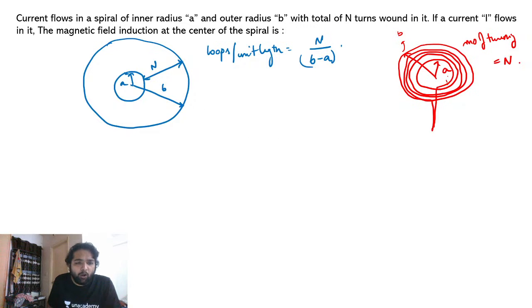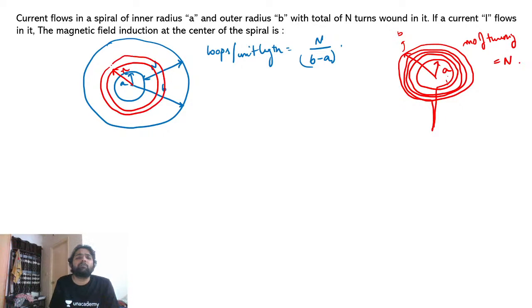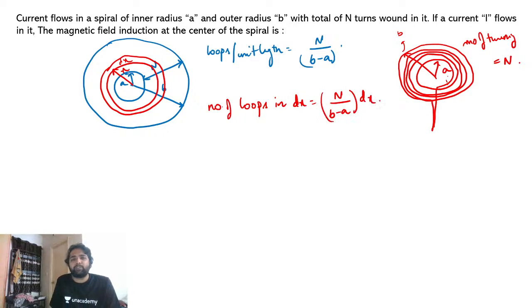Getting it? So now if I take a small dx element loop at a distance x, the number of loops in dx length will be how much? n by B minus A into dx. This is the number of loops. And what is the field now?